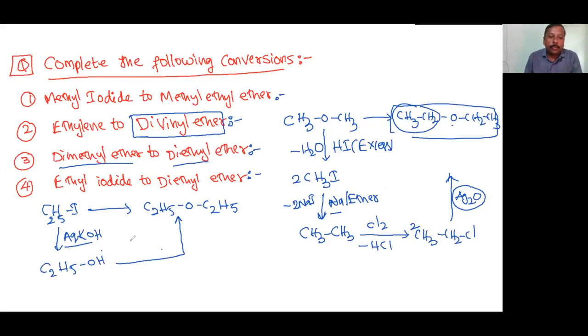Okay, so for removal of water molecule, always we can use concentrated sulfuric acid. It is one of the good dehydrating agents. So as soon as you use concentrated sulfuric acid, it will give you the ether. Okay. So these are the 4 questions using different procedures, different products. If you understand these similar questions, you will be able to solve them.